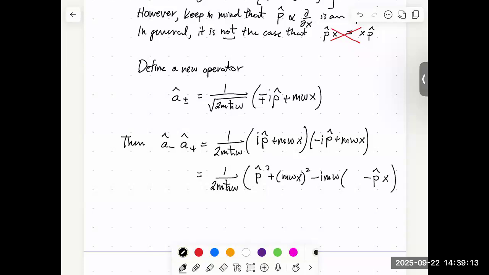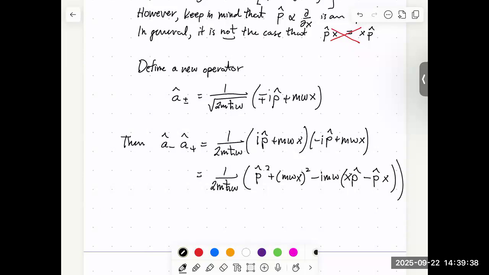I'll get i m omega p hat x, so that's that times that. Then this times this is going to be minus i m omega x p hat. Okay, good.